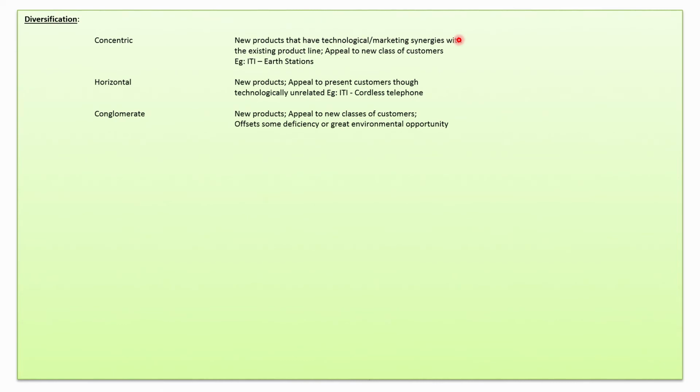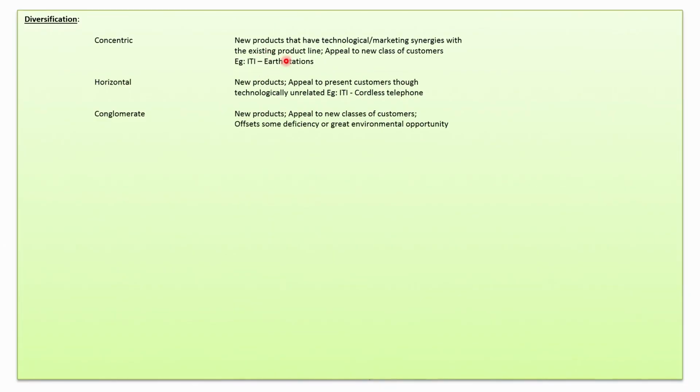It came out with a product called the earth stations. This is used for satellite communication. So, you find so many companies making use of these earth stations produced by ITI.